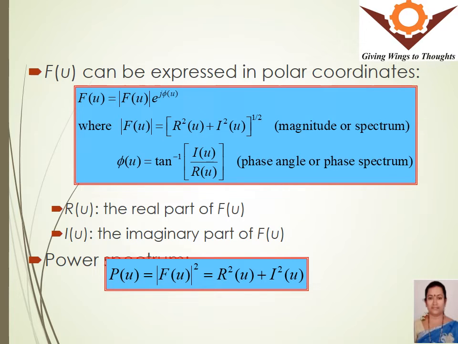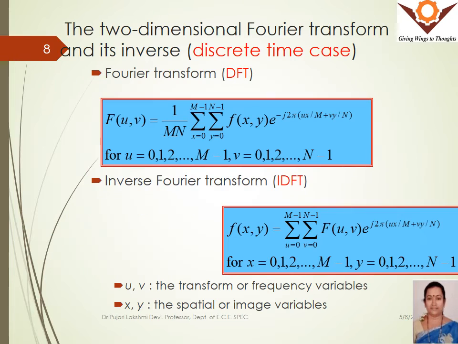That is, P of u is equal to mod of f of u whole square, where mod of f of u is the magnitude or frequency spectrum. Then mod f of u whole square equals r square of u plus I square of u. These are the relations between the power spectrum and the frequency spectrum.